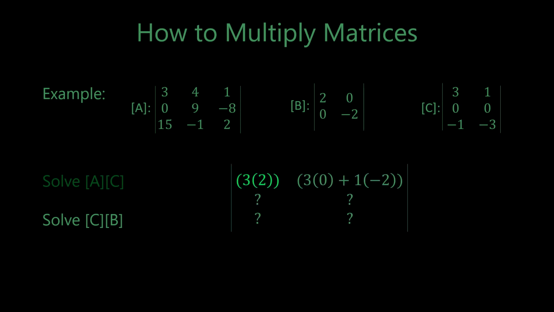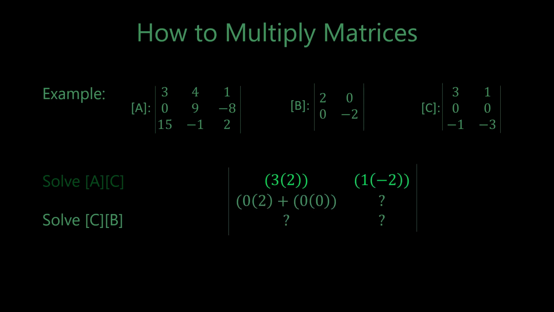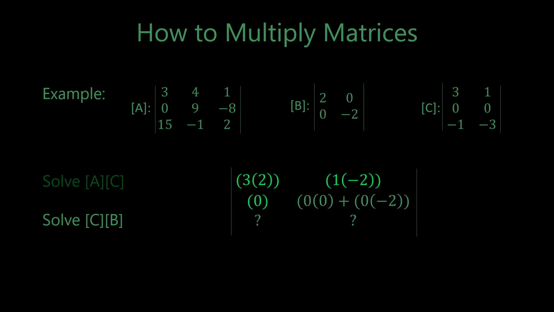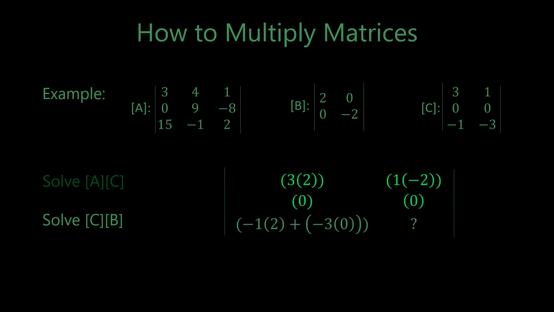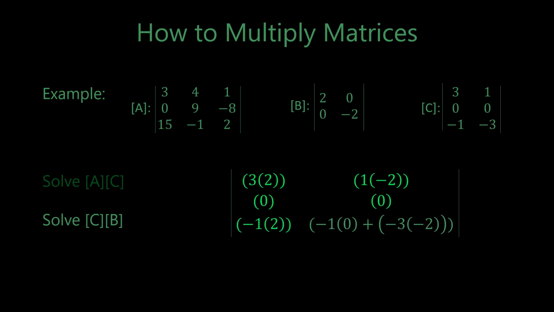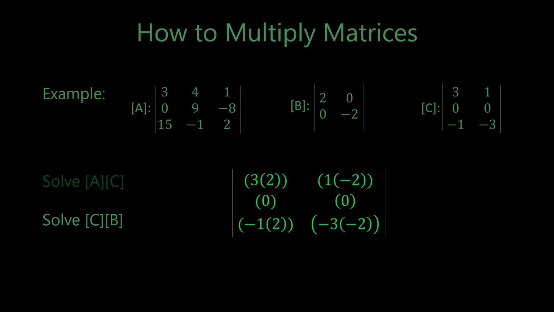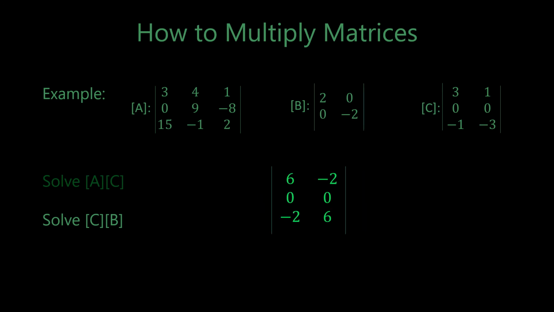Then we're going to get 3 times 0 plus 1 times negative 2. We get 0 times 2 plus 0 times 0. 0 times 0 plus 0 times negative 2. Negative 1 times 2 plus negative 3 times 0. And negative 1 times 0 plus negative 3 times negative 2. Now we're going to reduce our answers, and we're ready to learn how to manipulate a matrix.